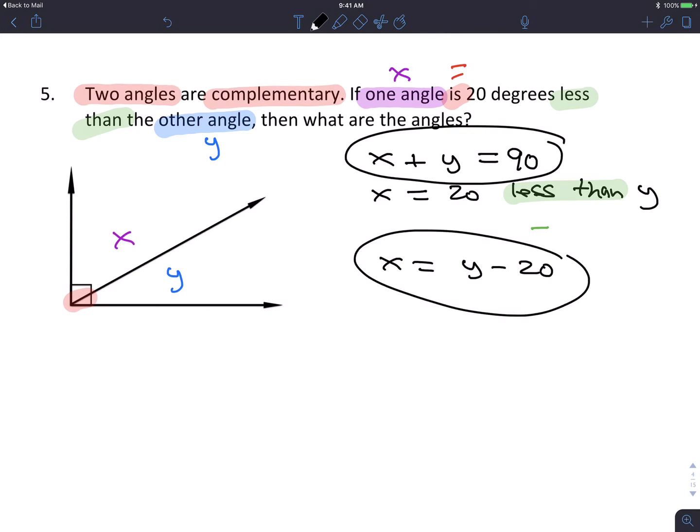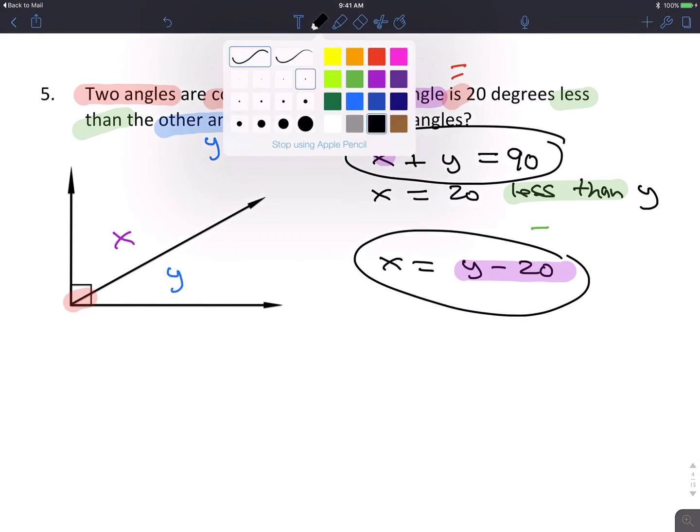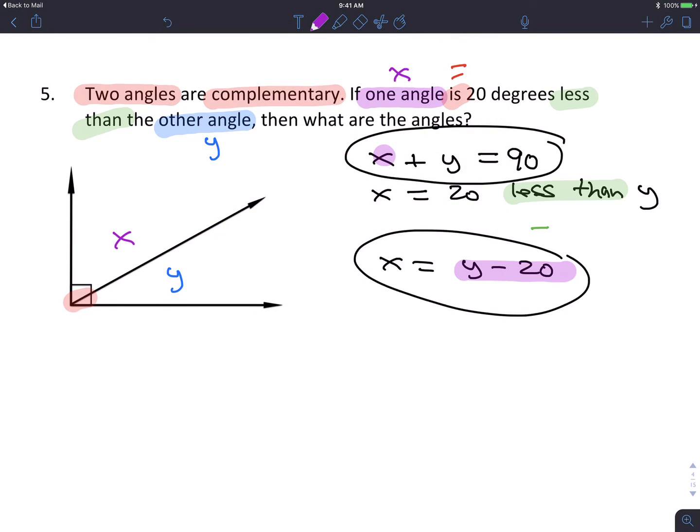And we can solve this. Okay, now let's take a look. x is actually y minus 20, so wherever there's an x, I'm going to replace it with y minus 20 here. We're going to substitute. So I get this nice equation that y minus 20 plus another y equals 90.